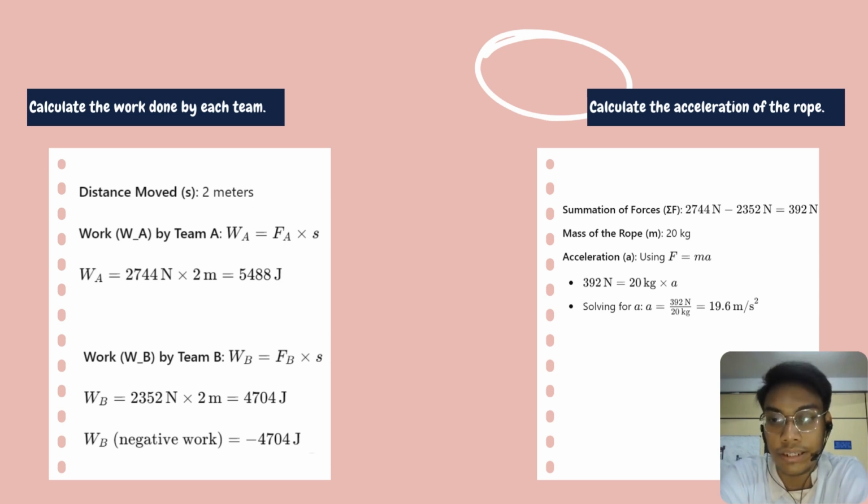So we need to find a. Then 392 Newton needs to be divided by 20 kilogram, and we get the acceleration is 19.6 meters per second squared.